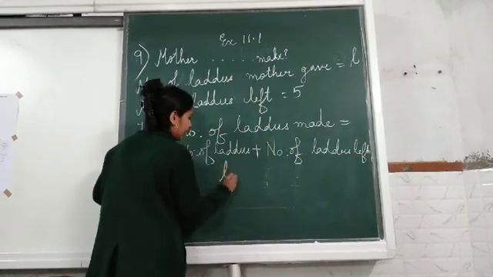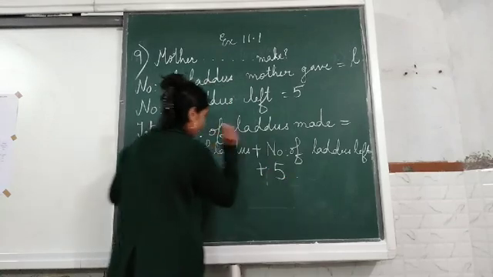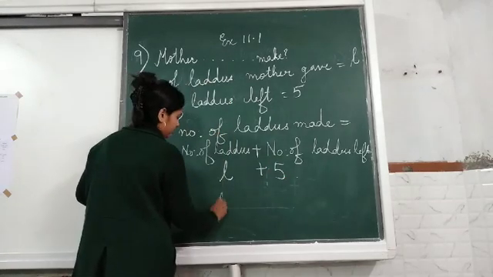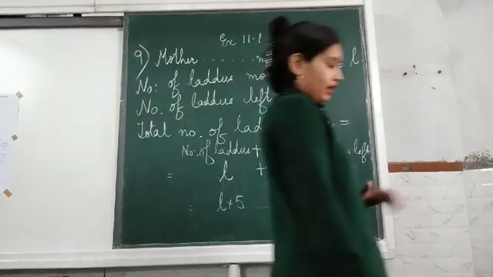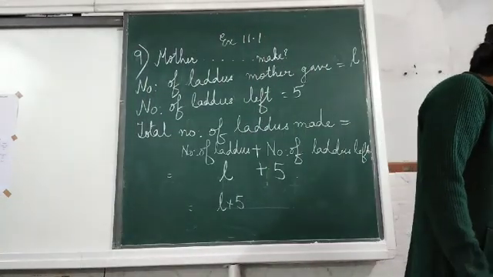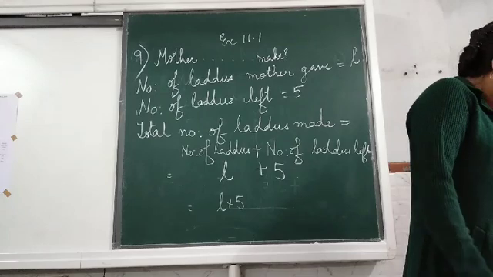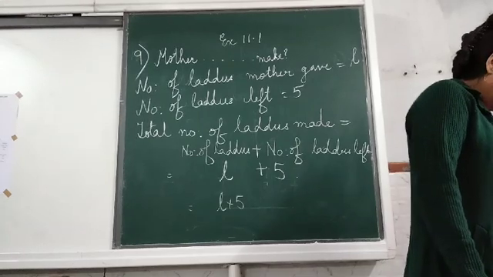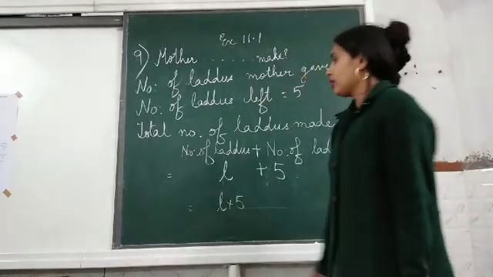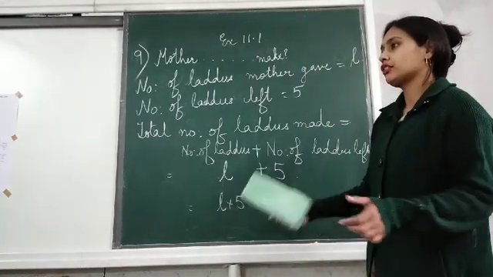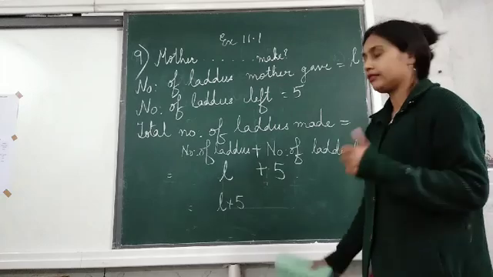That is L plus 5. So the answer is L plus 5. So this completes your question number 9. We go ahead with question number 10, oranges. I hope you have finished this. Now we start with question number 10.